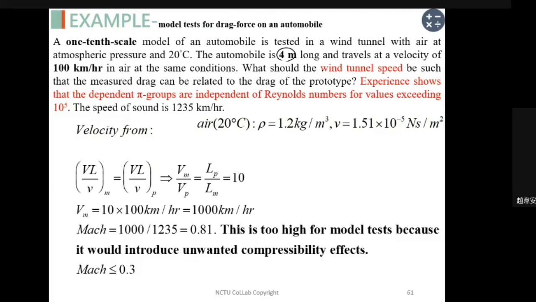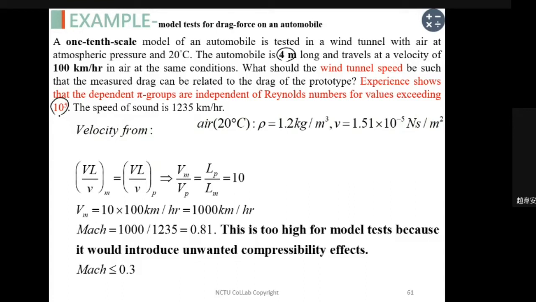So what should the wind tunnel speed be such that the measured drag can be related to the drag of the prototype? We know that experience shows that the dependent pi groups are independent of the Reynolds numbers for values exceeding 10,000.